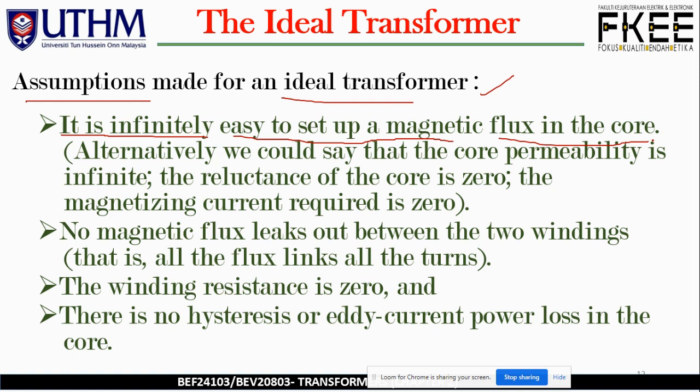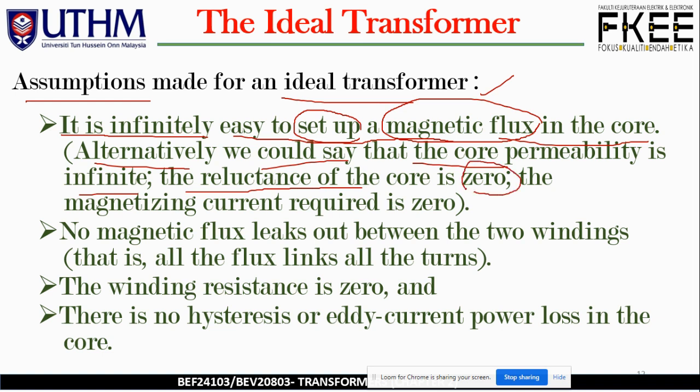So the magnetic flux can be induced or set up in the core very easily. Alternatively, we could say that the core permeability is infinite, and the reluctance of the core is zero.